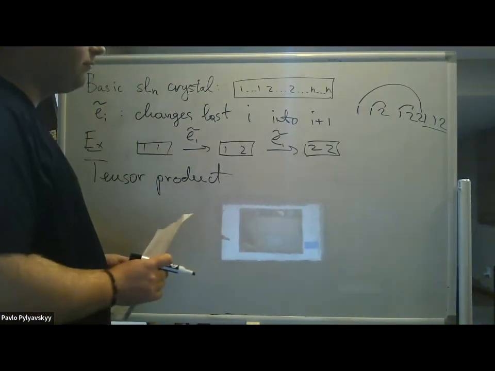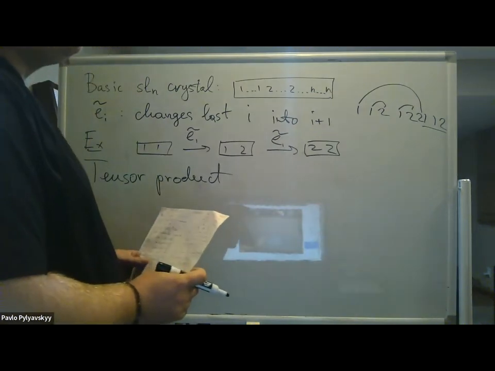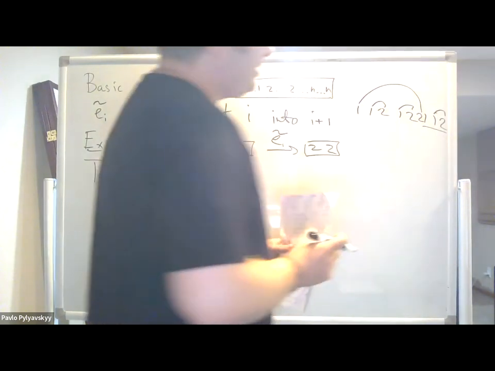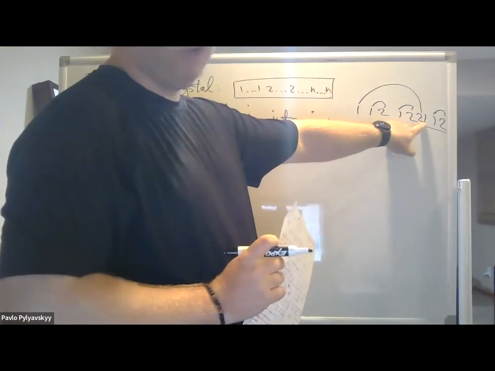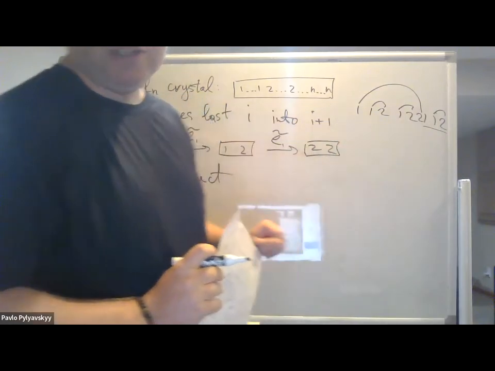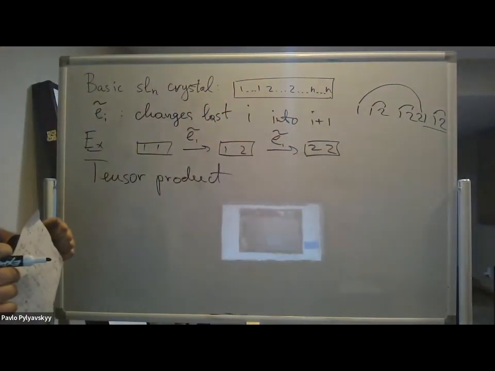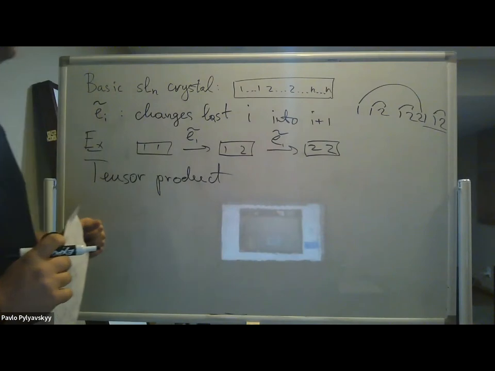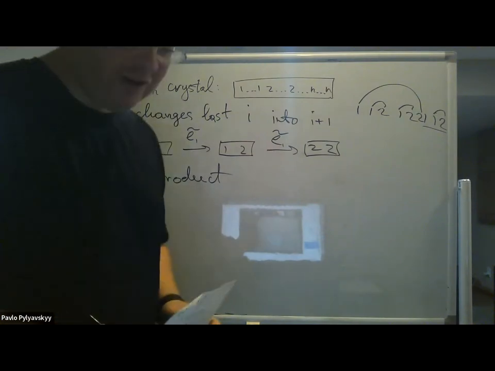Wait, you're not matching up the final 1 and the final 2? Oh yes, I have to match them. In this case there will be only one thing left, which is this 1, so my crystal operator would change this 1 into a 2. You would match the 2s that come before the 1s, right? Oh yes, you're right.